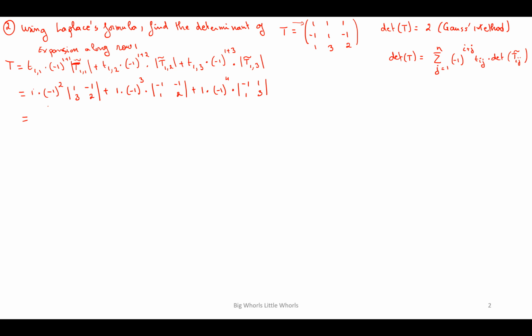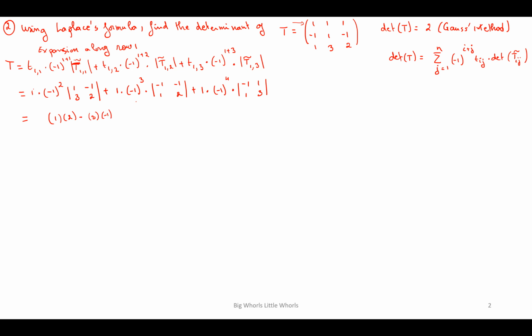So this is equal to 1 times the determinant of a 2 by 2 matrix. We know the formula for that. So here is 1 multiplied by minus 1 squared, which is 1, multiplied by the determinant, which is 1 multiplied by 2 minus 3 multiplied by minus 1.